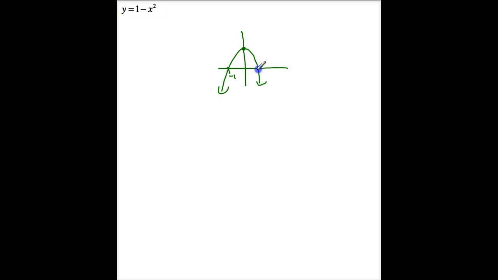This is negative 1, and this is positive 1. All right, so the range for this function is all y from negative infinity to 1, and that is inclusive.